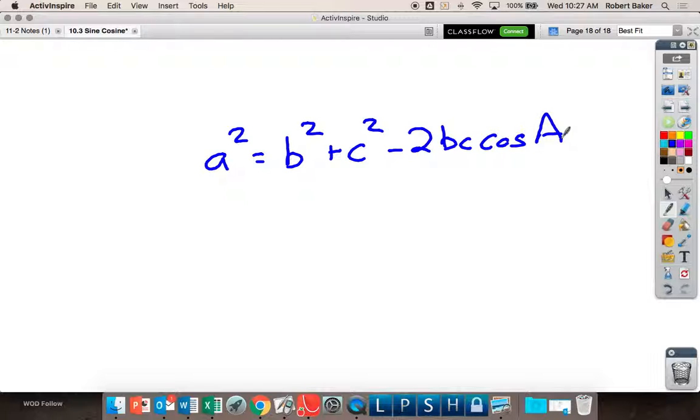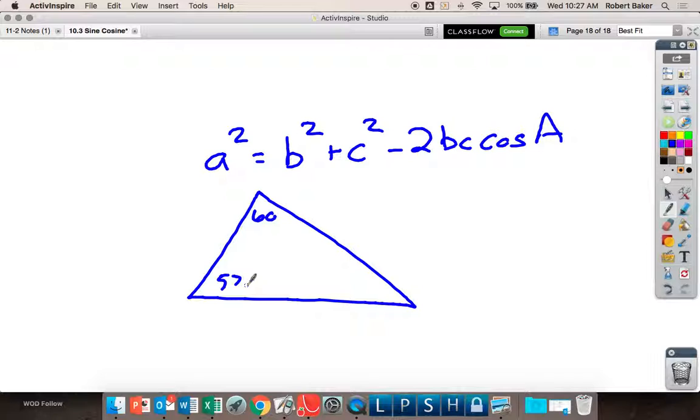Now you're asking why is the law of cosines even there? The law of cosines will solve for a triangle that looks like this. What is different about that triangle as opposed to every other triangle? It's not a right triangle. So trigonometry will work for non-right triangles. So it's just a different application of the truth.